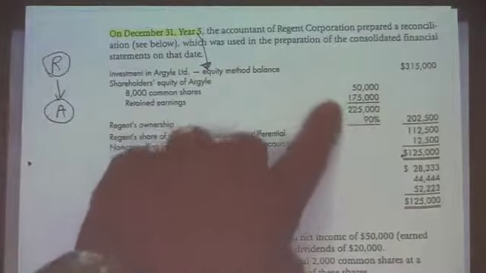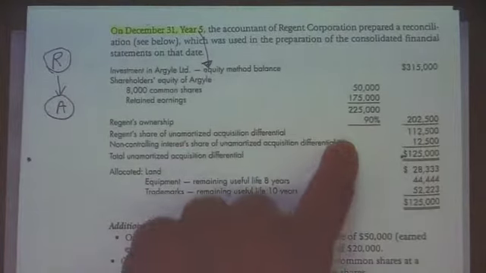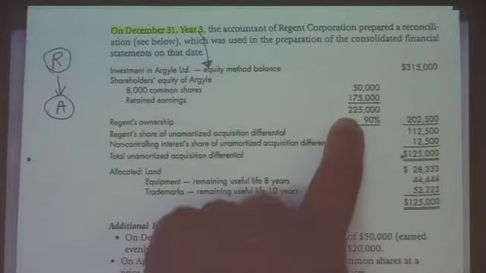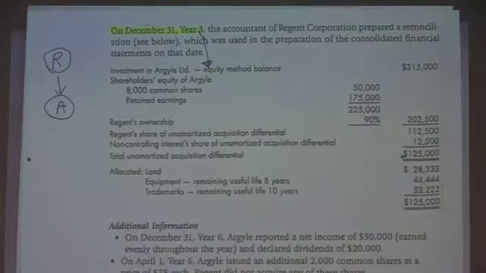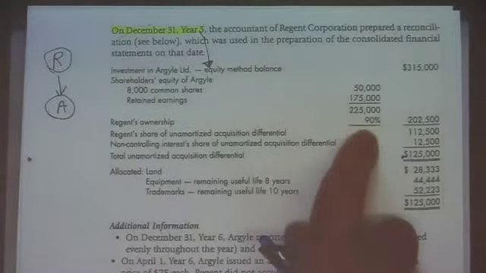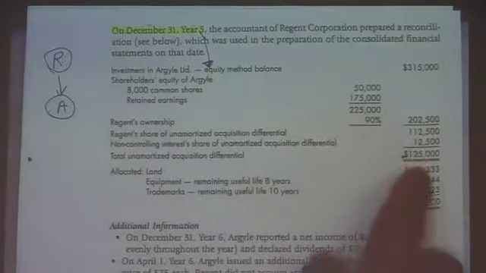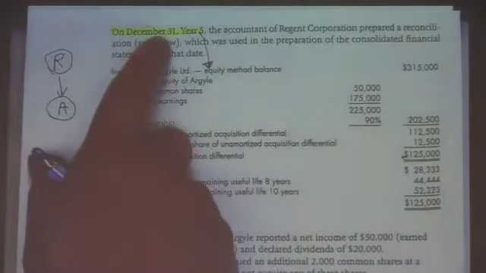taken a look at the shareholders' equity of Argyle, and that is $225,000. That's a shareholders' equity at December 31st, year 5. We're taking 90% of that to determine the unamortized acquisition differential at year 5.